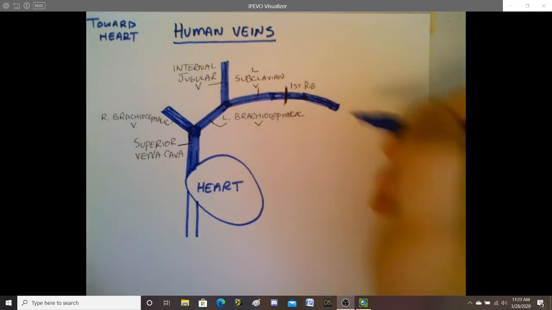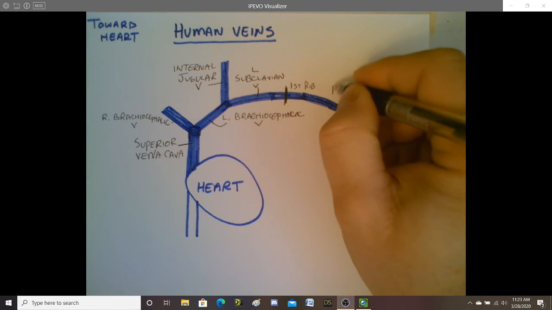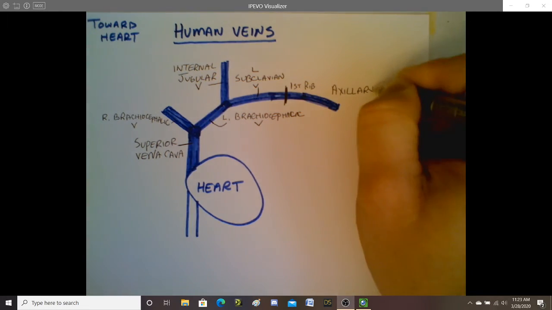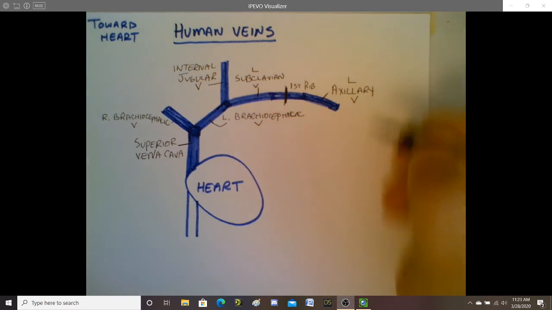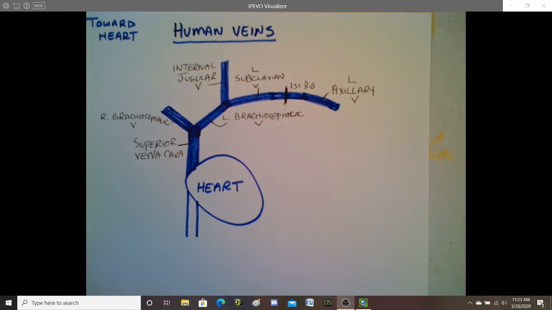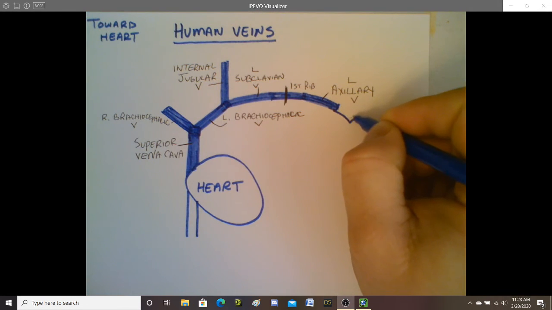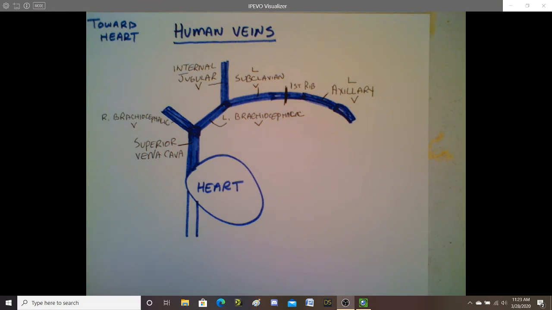Alright, so we've got an axillary. We'll label that. This is the left axillary vein. And that's gonna occur until we get to the arm. Alright.